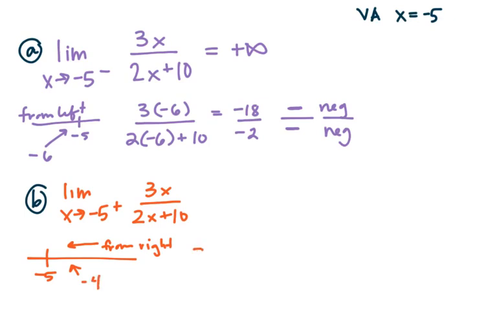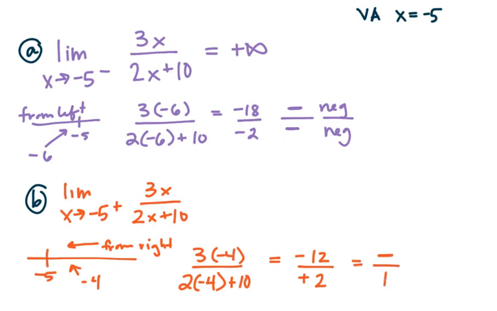So if I were to plug this in, I've got 3 times negative 4 over 2 times negative 4 plus 10. 3 times negative 4 is negative 12. 2 times negative 4 is negative 8. Negative 8 plus 10 is positive 2. So in this situation, I have negative over positive. Negative over positive means that my limit in this situation is going to go to negative infinity.